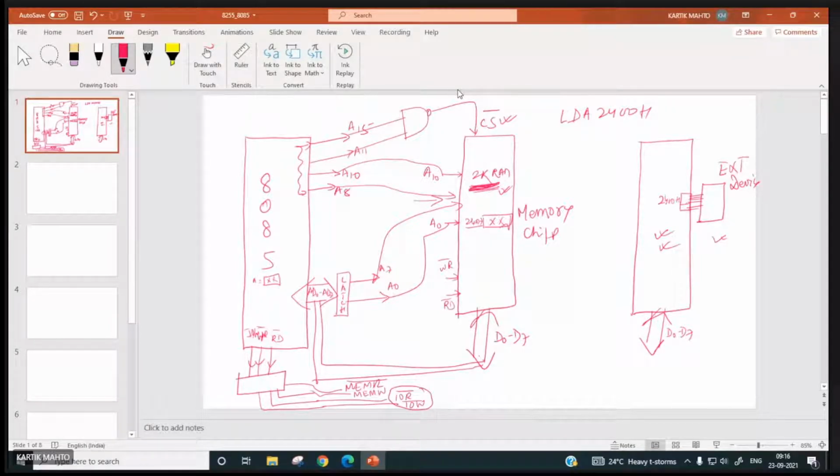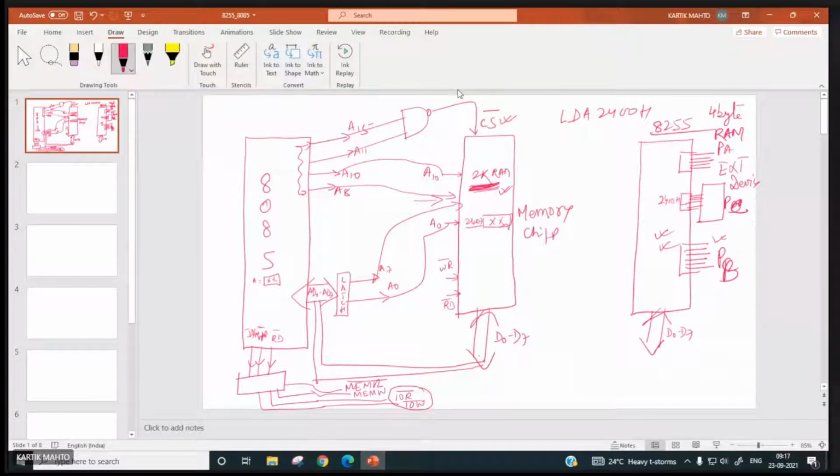So 8255, you can think of as a 4-byte RAM. Right, 4 bytes means 8 pins over here, 8 pins over here, right? This is port A, this is port B, and this is port C. Here we must write port C, and this is port B, like this, D0 to D7.